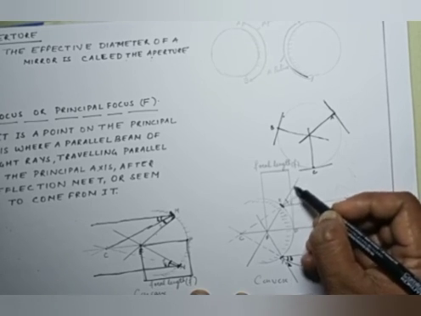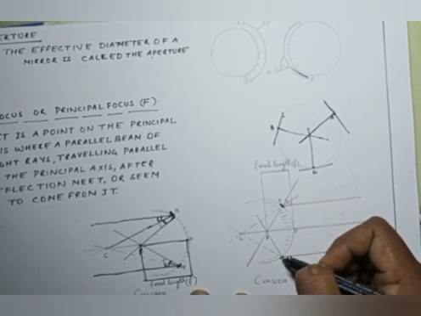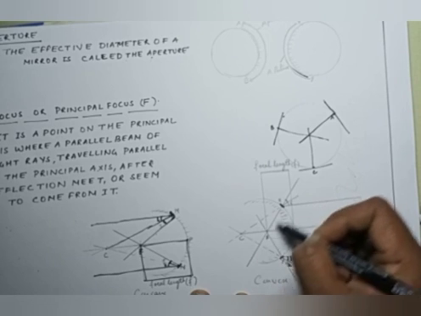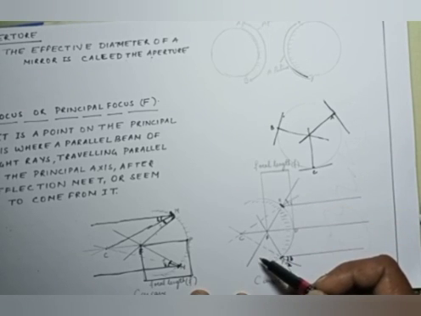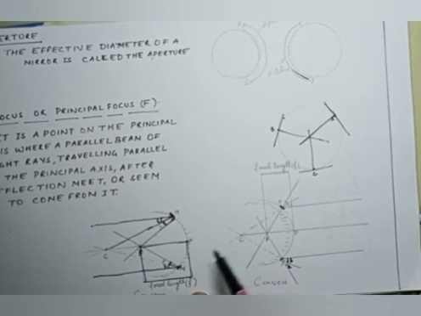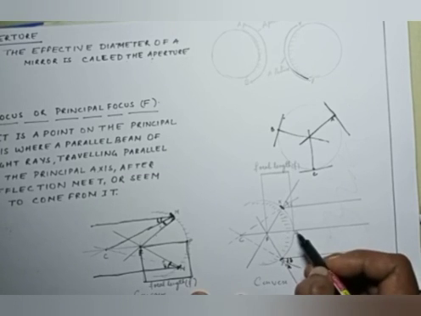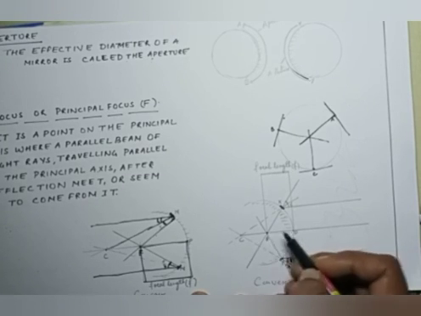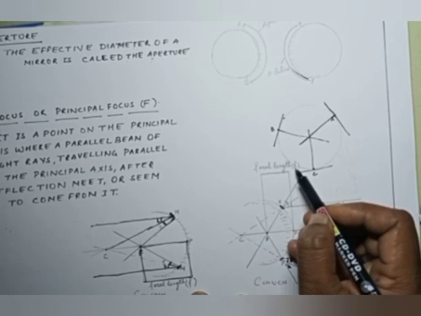If we draw the reflected lines backward, you will see that they seem to pass through the focus, or seem to come from the focus. So these are the rules that you have to keep in mind. The distance from the pole to the focus is called the focal length and is denoted by a small letter f.